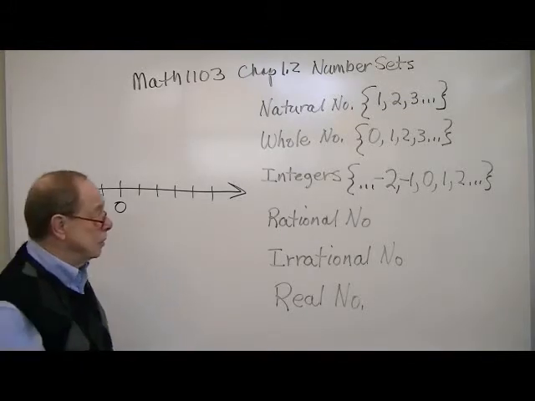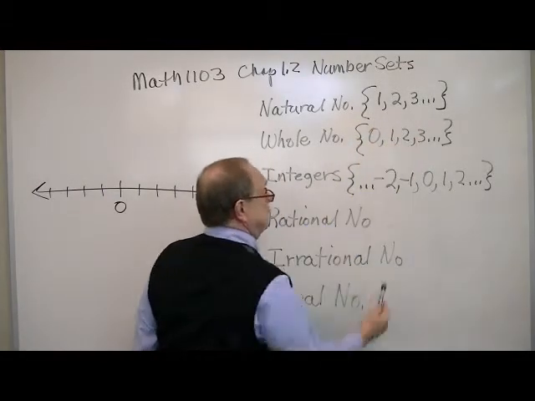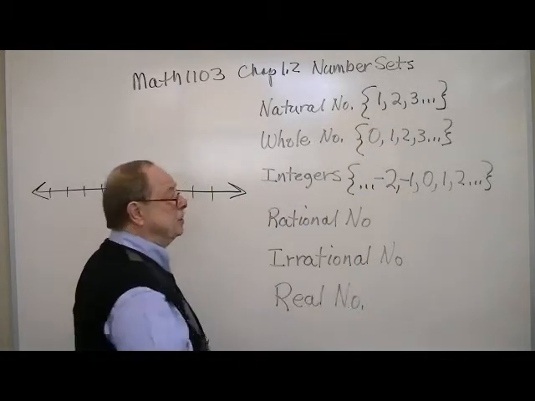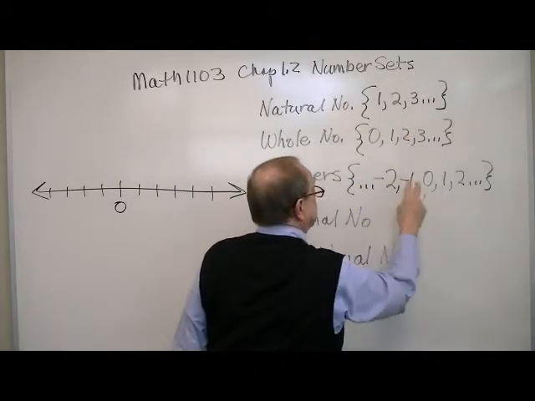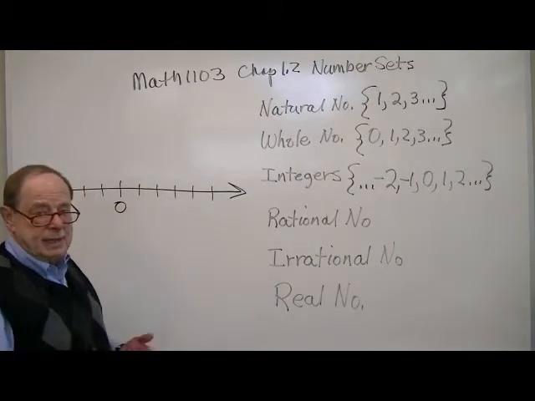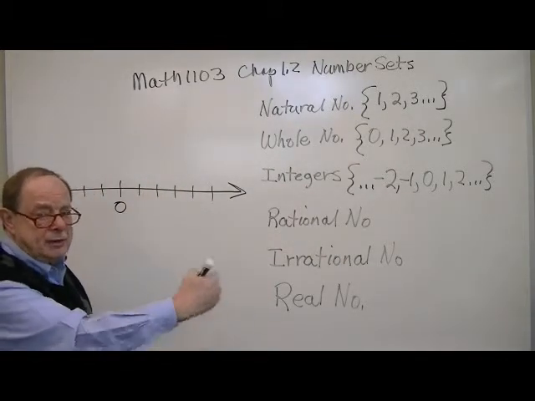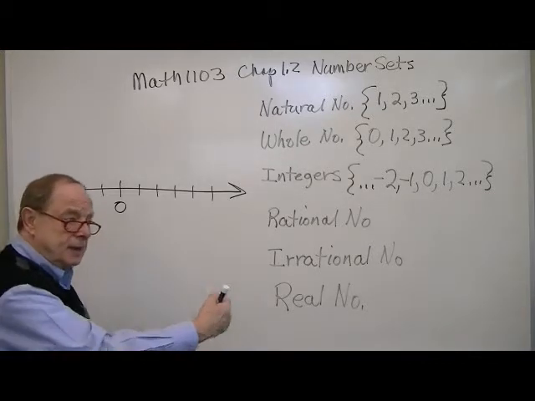So how do we count? Well, 1, 2, 3, and then continue the pattern. Now these little 3 dots here are called an ellipsis, and what they indicate is the same pattern continues. You set up the pattern, and then it continues.